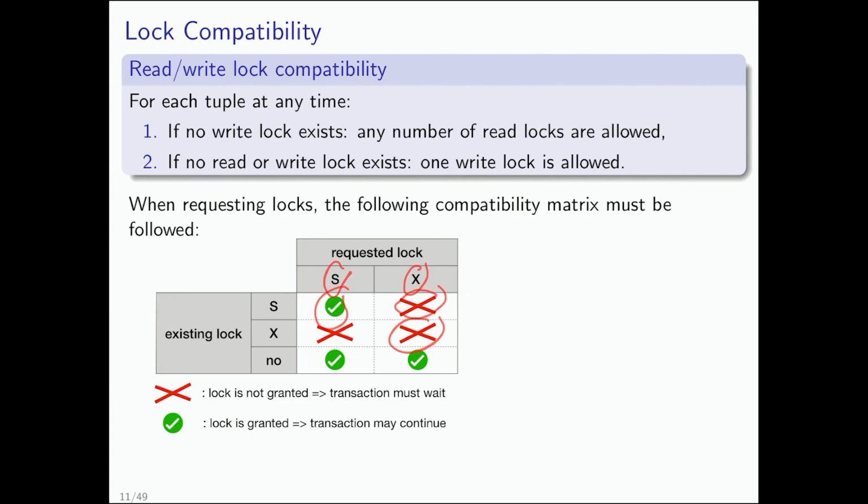Then that transaction has to wait. Recall that the transaction defines an order of its operations. So if the transaction is at operation 42 and it can't acquire the log, it has to wait. It's not allowed to jump over that. It has to wait for the database to give it the log for that operation 42.